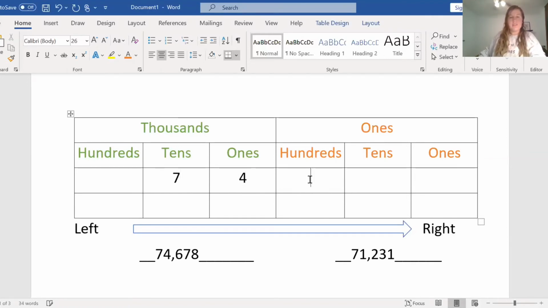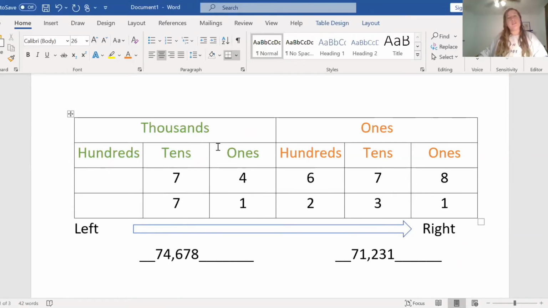So I have 74,678 and I have 71,000, I apologize, 71,231. So by looking at these numbers, we're going to start at the 10,000s place, and we have the same number.